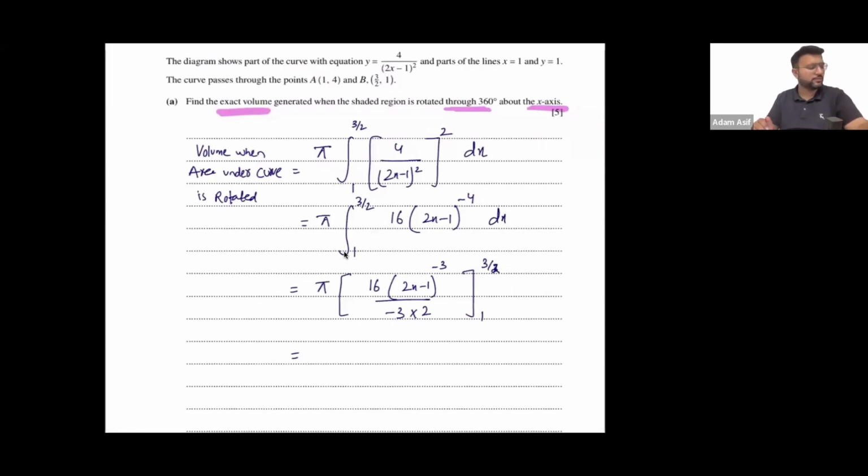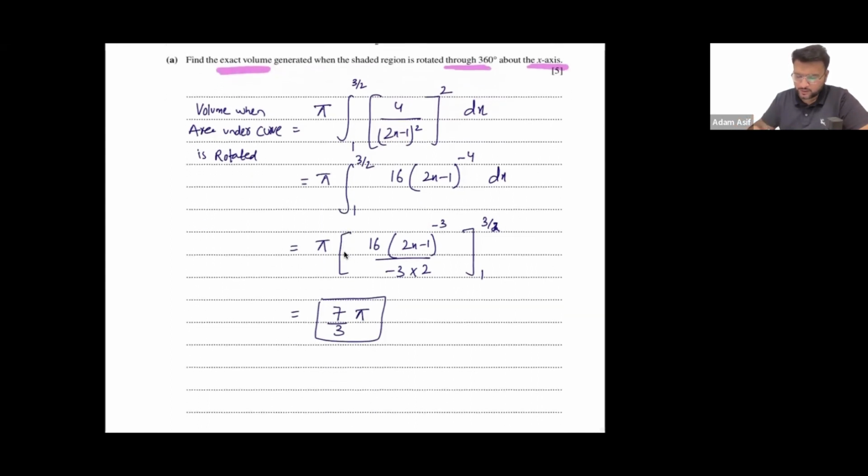First calculate the value at the upper limit, then calculate the value at the lower limit, and then take the difference. So when I do that, I get 7 upon 3 pi as the answer.